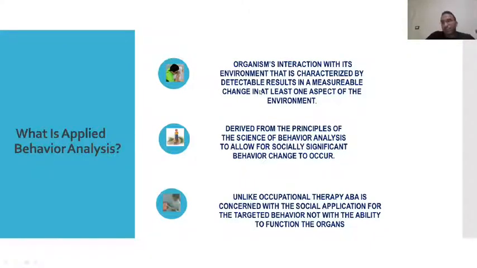This is what makes ABA different from occupational therapy and the other types of behavior analysis, in which we care for the influence or for the effect made by the organ, made by the kid's hands, by the kid's eyes, by the kid's mouth, or his body, or even legs.